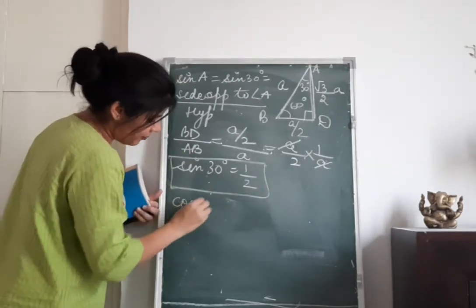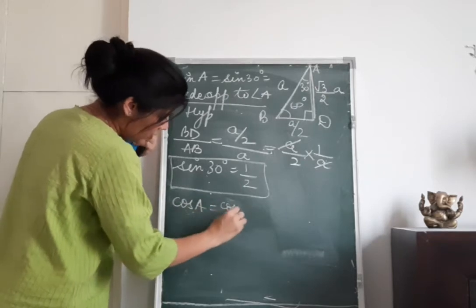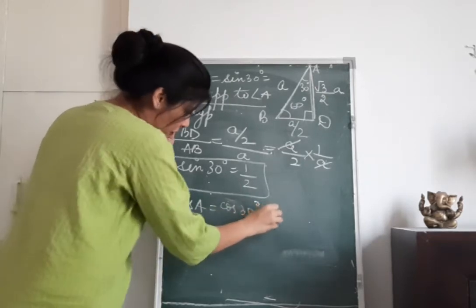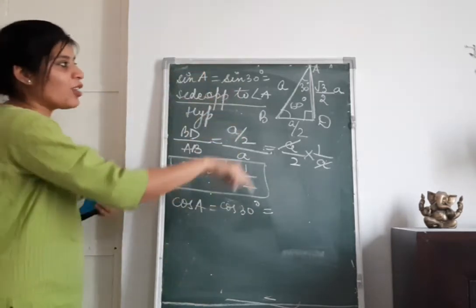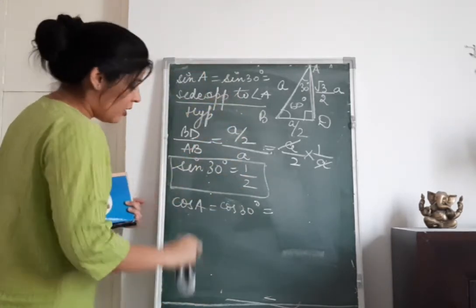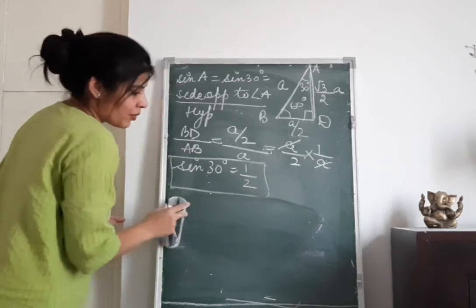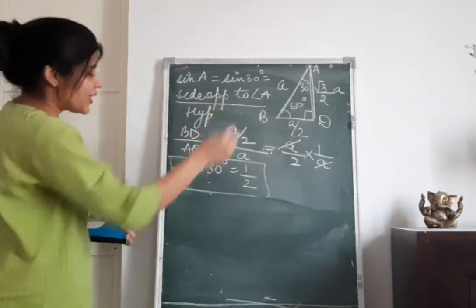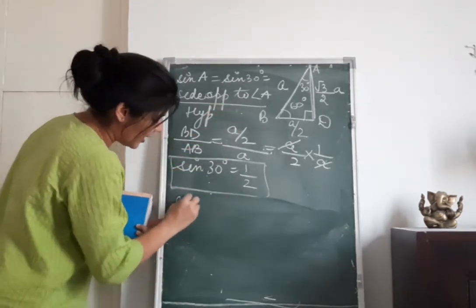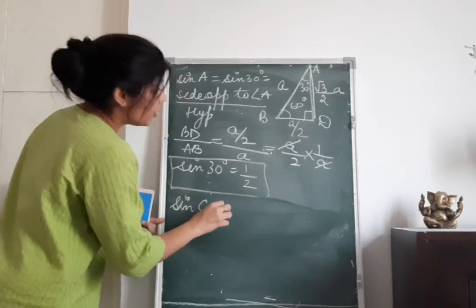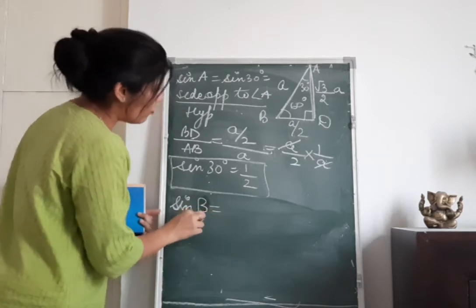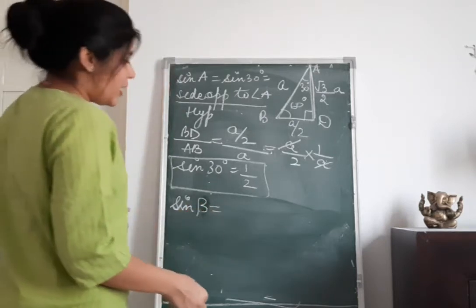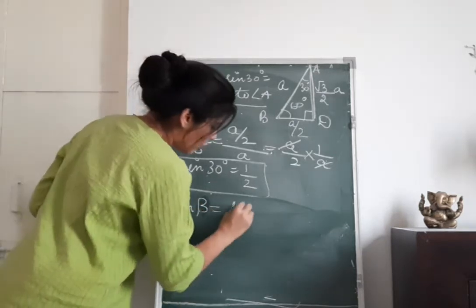Now cos A or cos of 30 degree will be equal to, okay, let me explain sine of 60 degree here only. Before going to cos 30, let me explain sine of 60 degree. That is sine of angle B, which is going to be equal to sine of 60 degree.